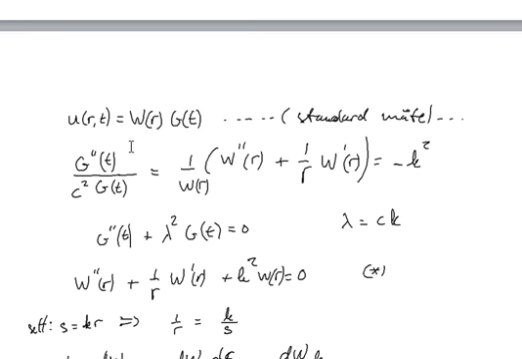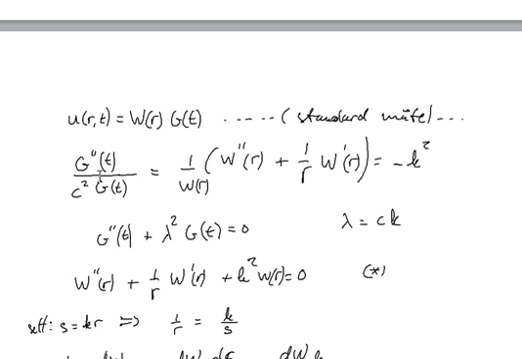We proceed exactly as we have done many times before. We use the method of separation of variables. Since the solution is dependent on r and t only, we start by assuming that the solution is a product of two functions, one which is only a function of r and another which is only a function of t. This is a standard way of using the method of separation of variables.